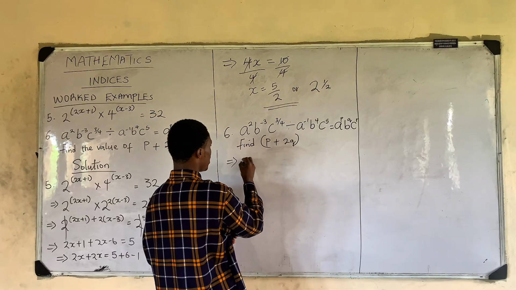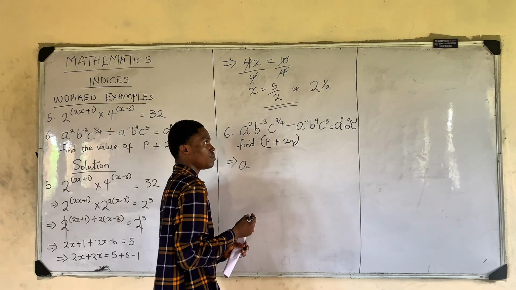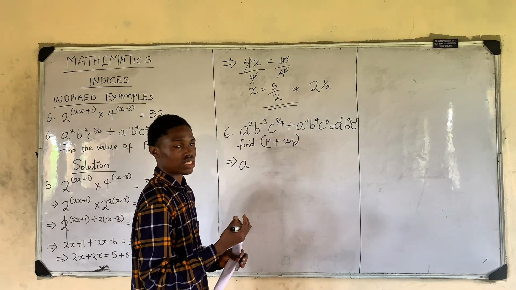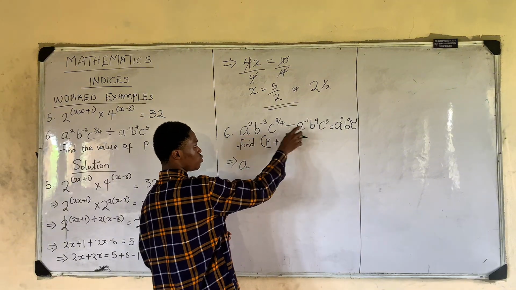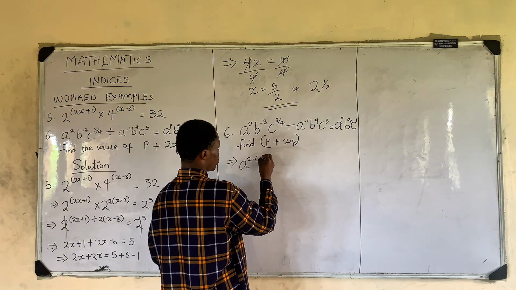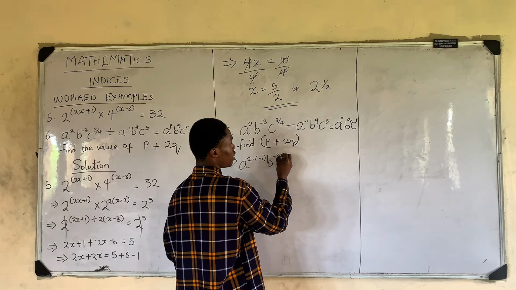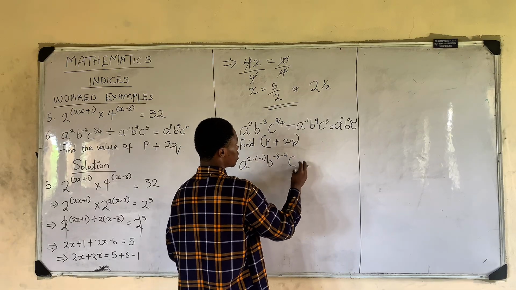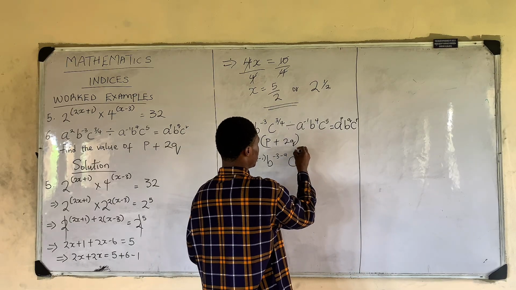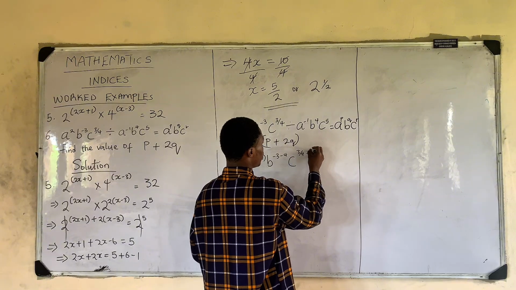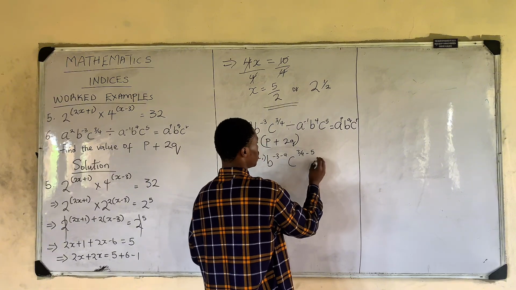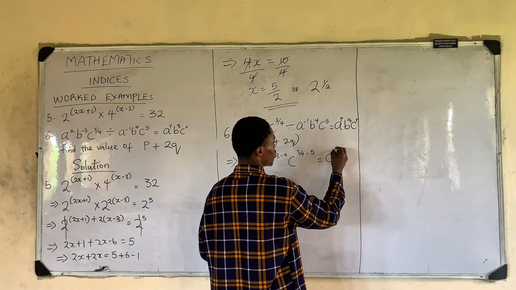So you have A, what are you going to do to the powers? You're going to subtract them. You have A, 2 minus 1. For B, we have minus 3 minus 4. For C, we have 3 over 4 minus 5 equal to A^P, B^Q, C^R.